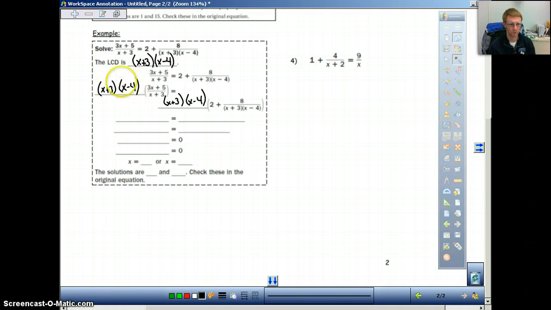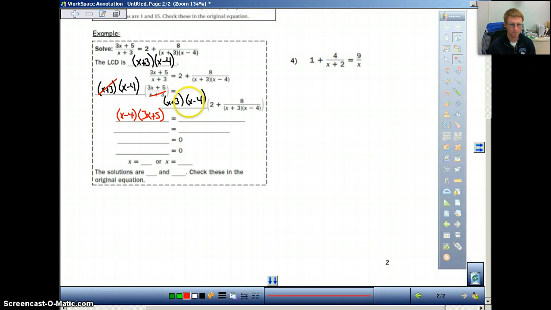Okay, so on this first one, if you notice this right here, this is going to be multiplied across the top. So whatever's on the bottom and whatever's on the top can cancel out. Therefore, our x plus 3 and x plus 3 here cancel out. So all we're left with is x minus 4 and 3x plus 5.